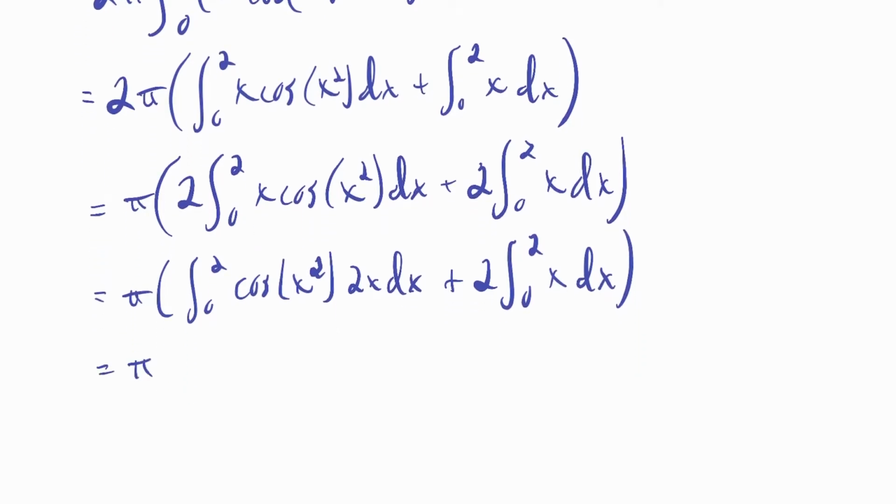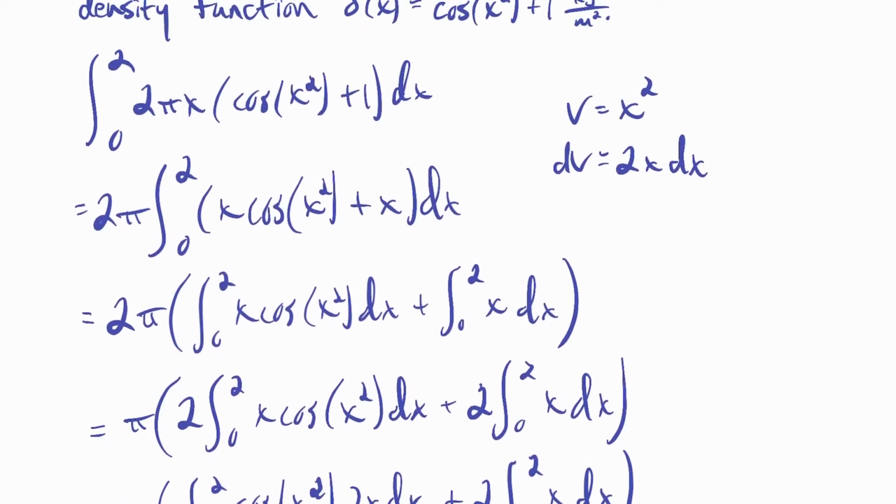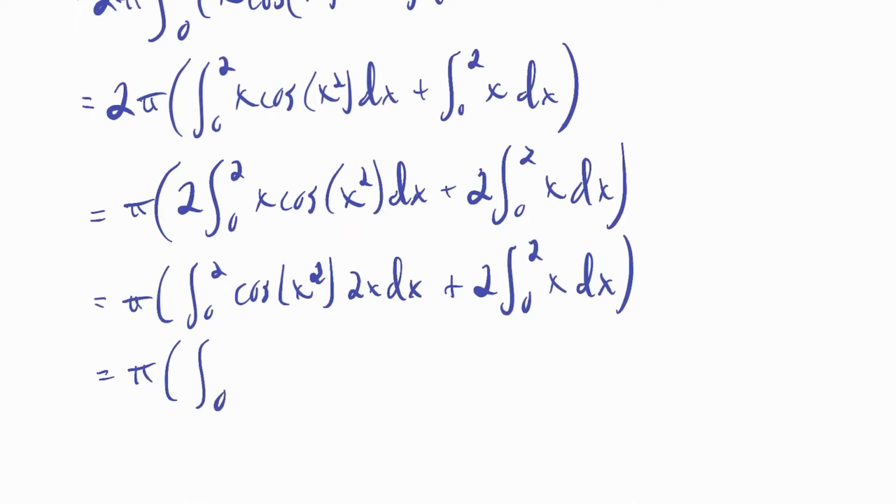So this equals pi times, well, this will be the integral, v is x squared, from 0 to 4 of cosine of v dv, plus 2 times the integral from 0 to 2 of x dx.